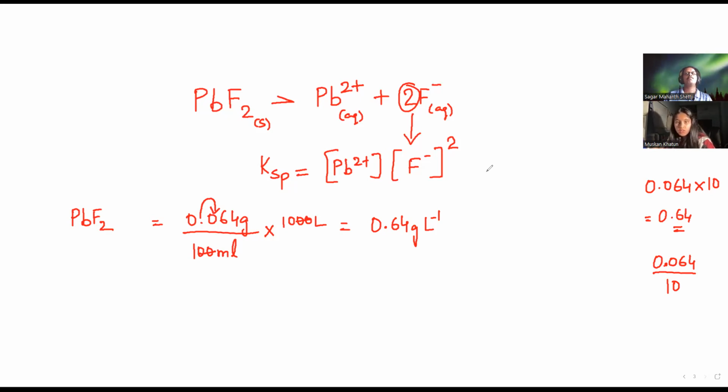When you multiply, the decimal moves right. When you divide, it moves left. So then that would be 0.0064. Got it? So this sort of calculation will help you in further solving the problems.